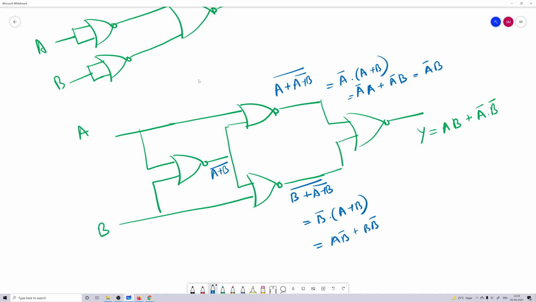Now clearly AA complement and BB complement are both 0. So that is AB complement.